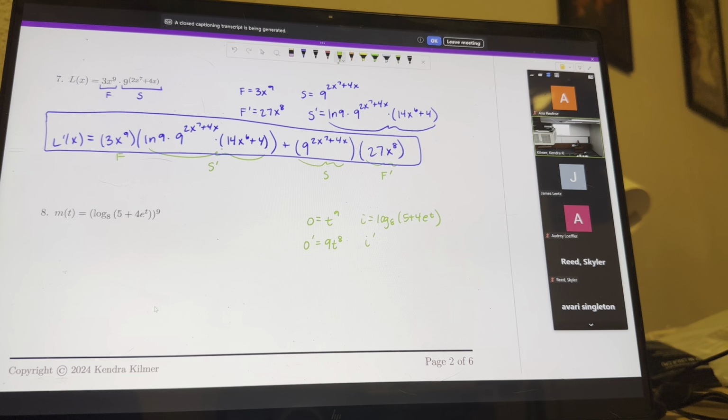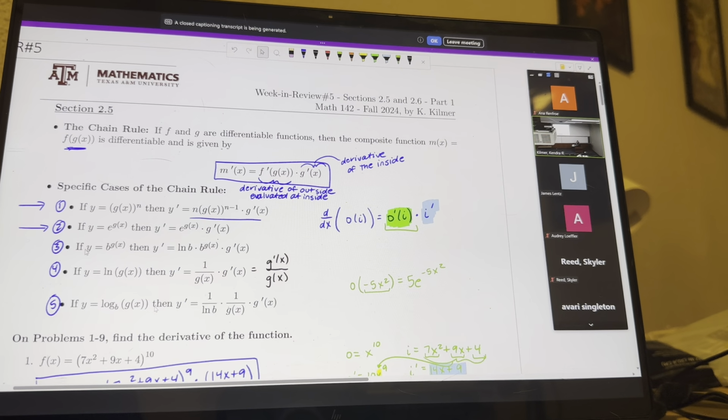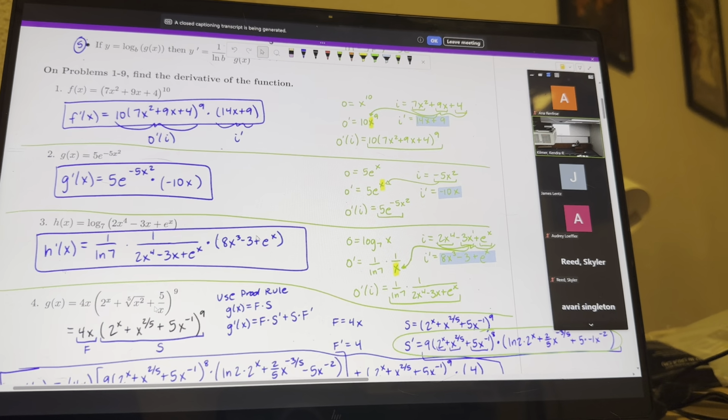Right? So I'm not going to take the time to define that one with O's and I's because that would get really confusing between O's and I's. But just realize that log base 8 of 5 plus 4e to the t, that's case 5. So the derivative is going to be 1 over the natural log of b times 1 over the function times the derivative of the function.